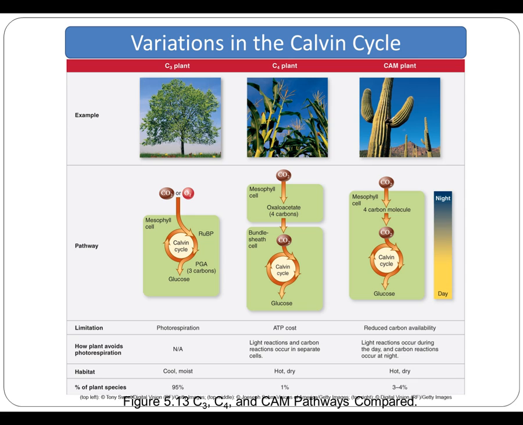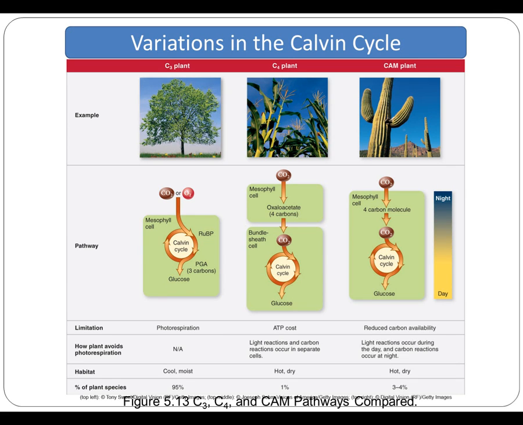There's a C3, and there's another set of plants that use what's called the C4 pathway, and their intermediate product must have how many carbons? 4 carbons. Okay. This pathway starts in the mesophyll cells.